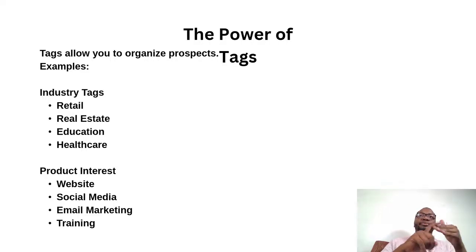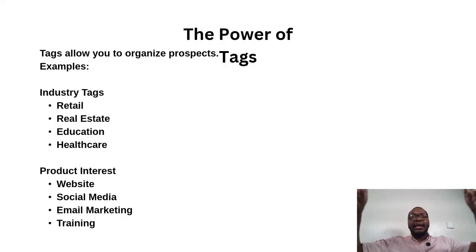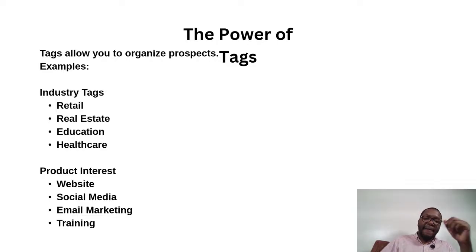Are they hot, warm, cold? You could have different types of tags for different scenarios within your system. Even if it's an Excel sheet, you're going to have columns with the different tags being the headlines, and maybe drop downs. So that is your tagging. It is literally what you're going to be using to filter your prospects.